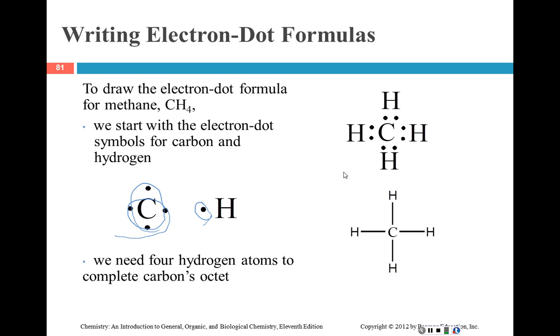Since you have 4 individual electrons available, you can use 4 hydrogens to share each one of those and make 4 pairs. By doing this, you complete the octet of the carbon, and you complete the needs of the hydrogen as well, because remember, hydrogen only needs 2.